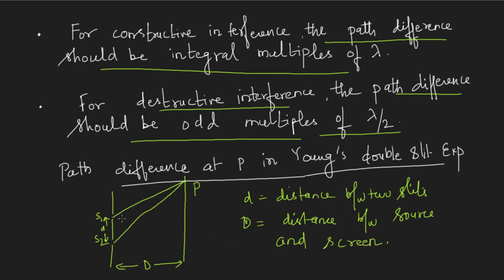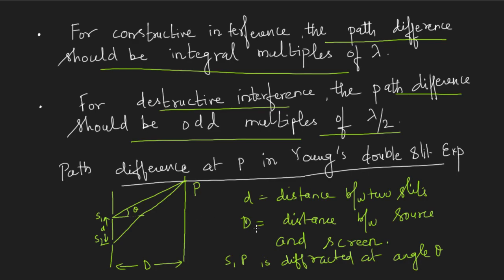Now the S1P ray is diffracted at angle theta. So I can draw it here like this. This is angle theta.